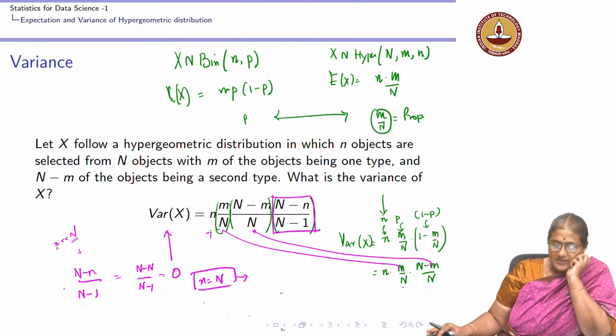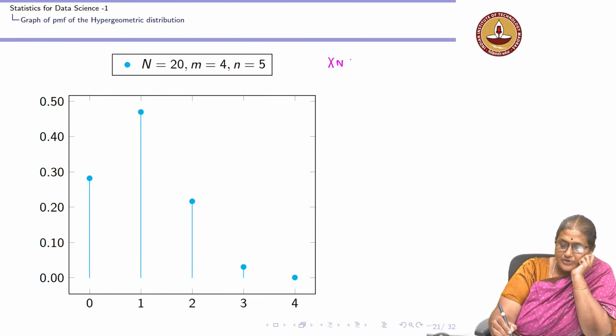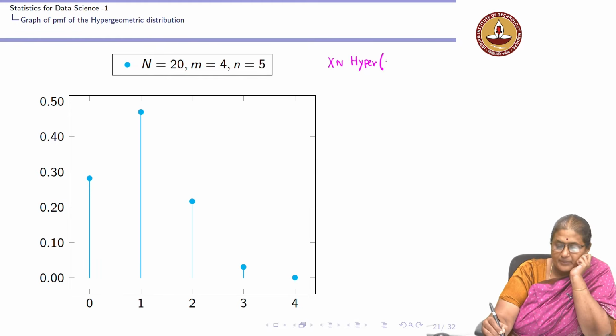So, we start with the case where x is a hypergeometric random variable. I am going to represent it as just a hyper with N equal to 20, m equal to 4 and n equal to 5.